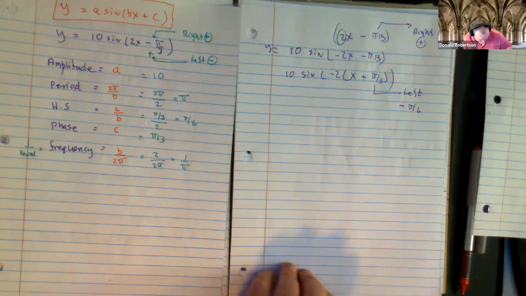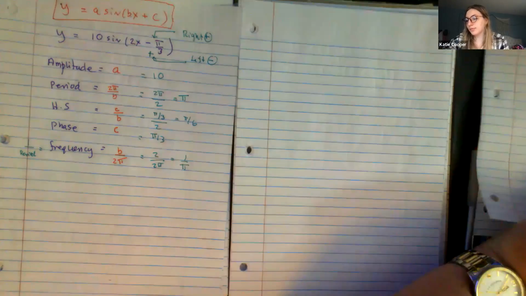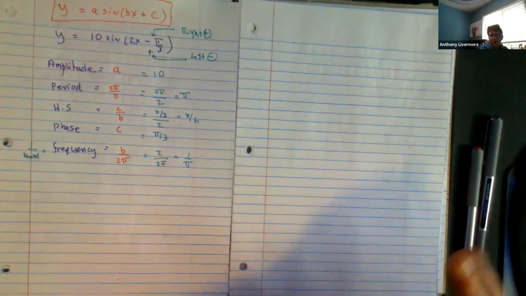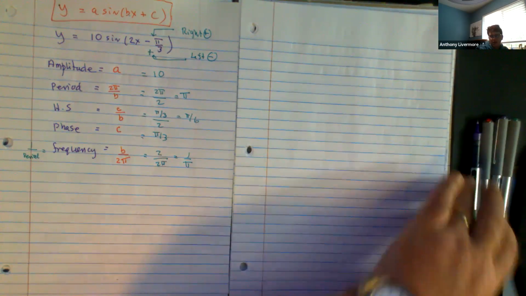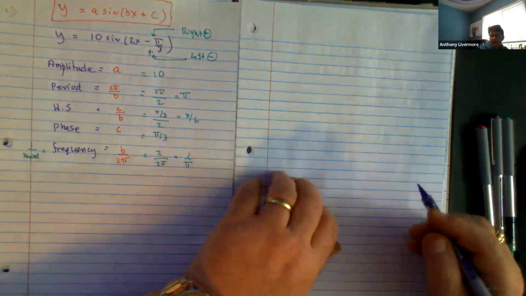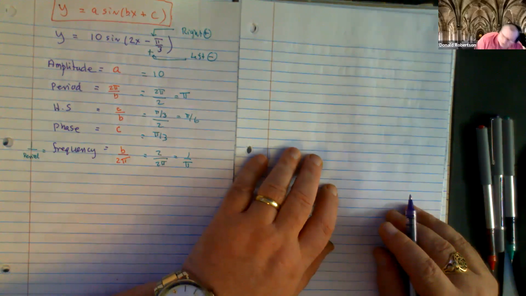Yeah, exactly. Depends on the question, plus or minus, but whatever the horizontal shift is, plus or minus, so will the phase be the same, plus or minus. In the first question, if it was a positive pi over 3, then the horizontal shift would be a negative number. Yes. Okay.